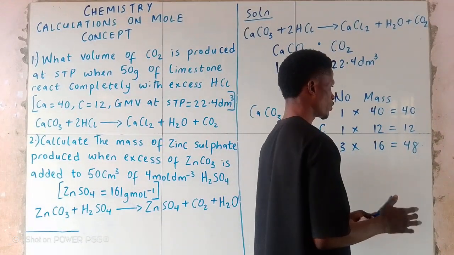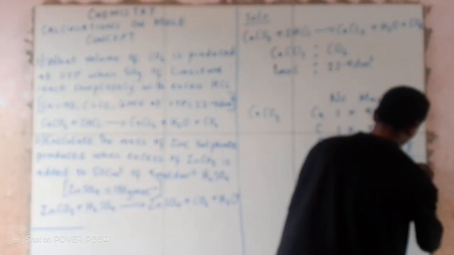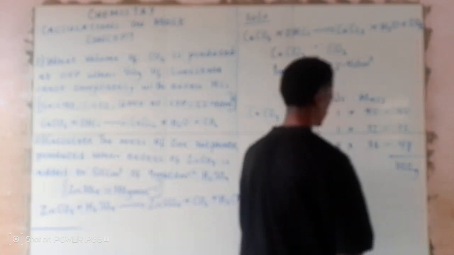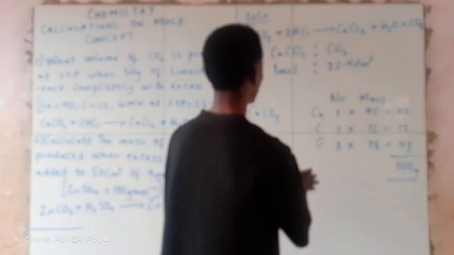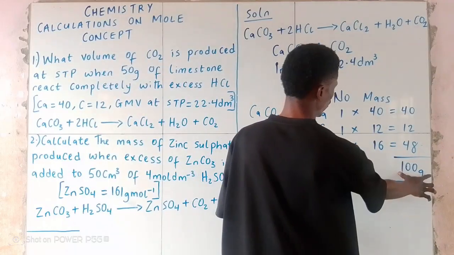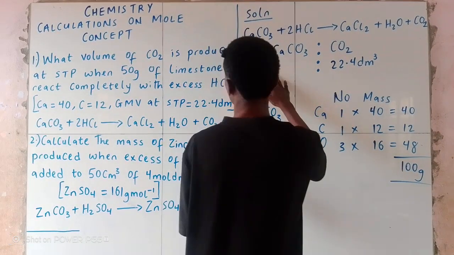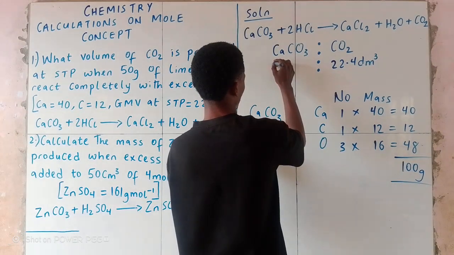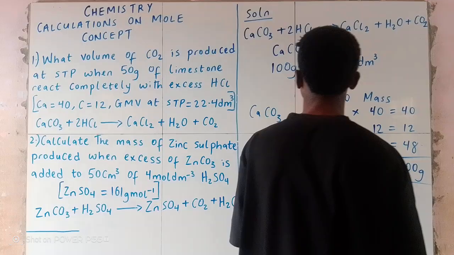My next step is to add them together, so I will have 100 in total. So I have 100 gram. In the place of 1 mole, I'm going to put 100 gram, since the parameter from the question is mass.